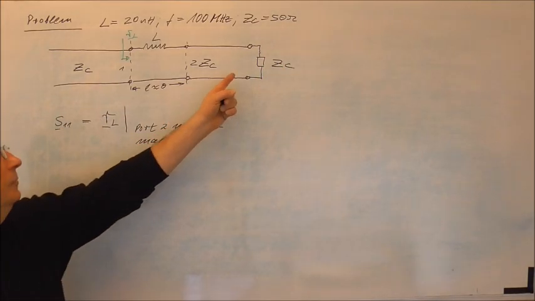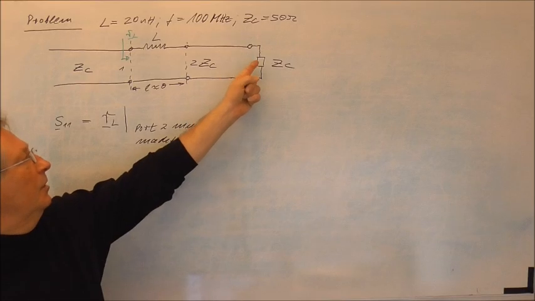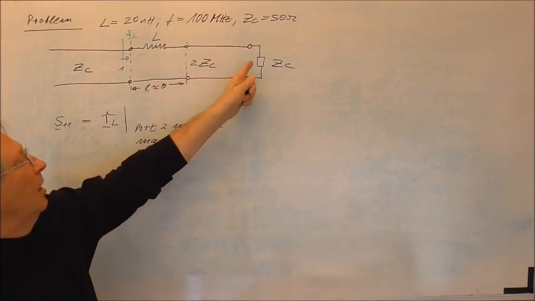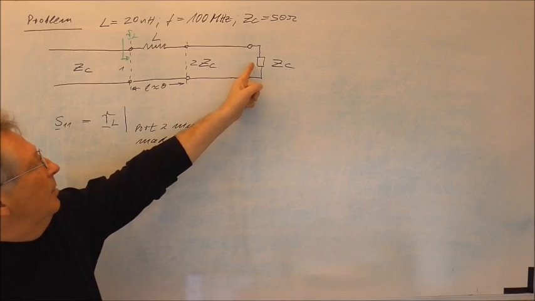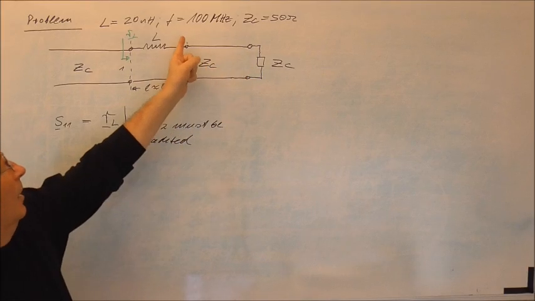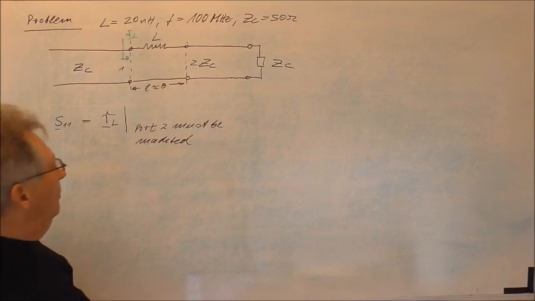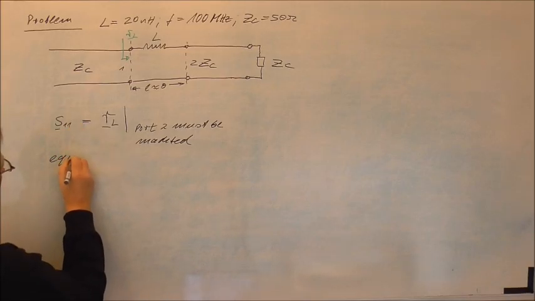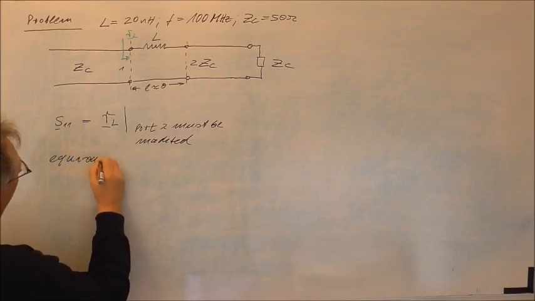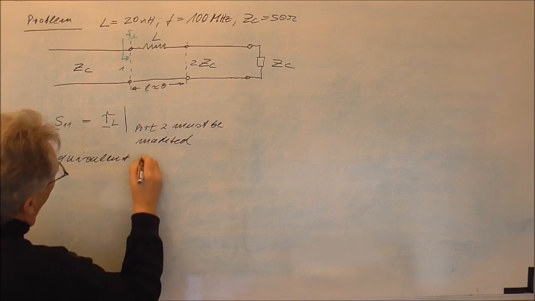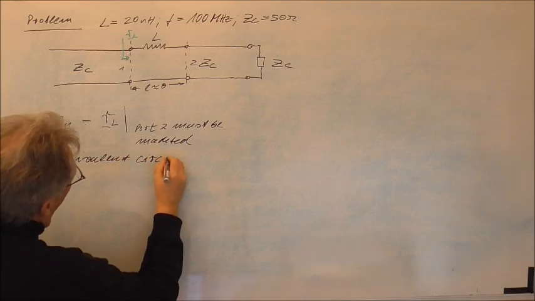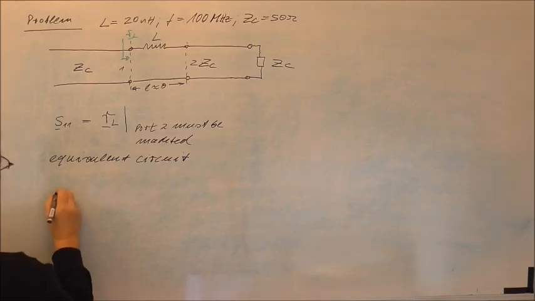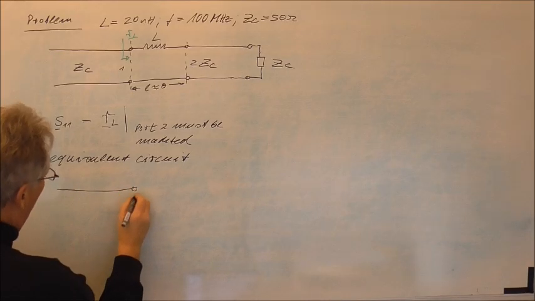But if you terminate a transmission line with its own characteristic impedance, then you can think that this load impedance is transformed into this plane. So we will get a different equivalent circuit. And it looks like this: you have here our transmission line ZC.